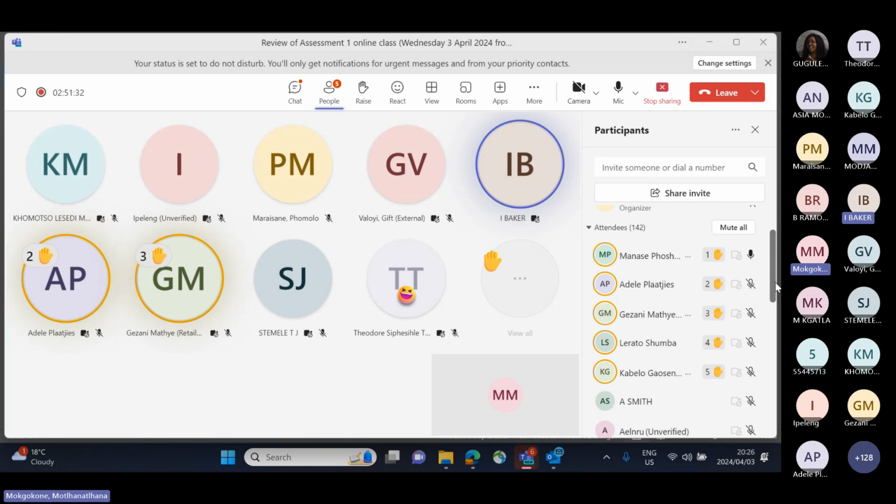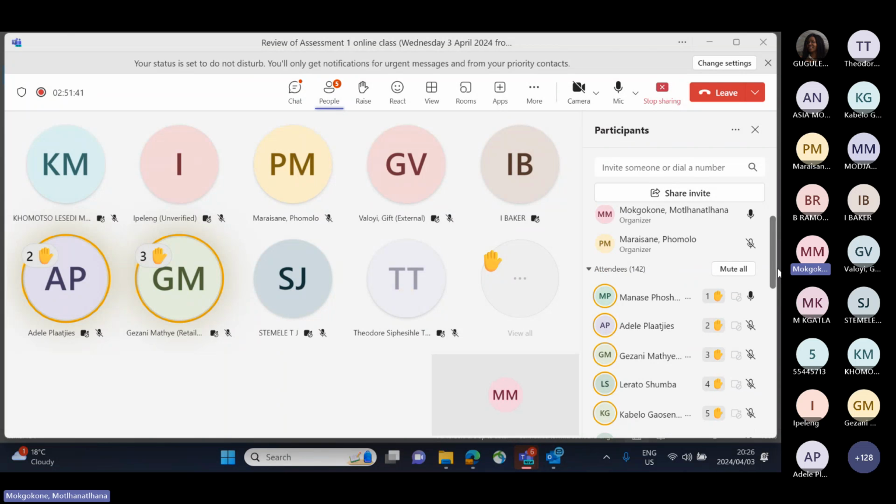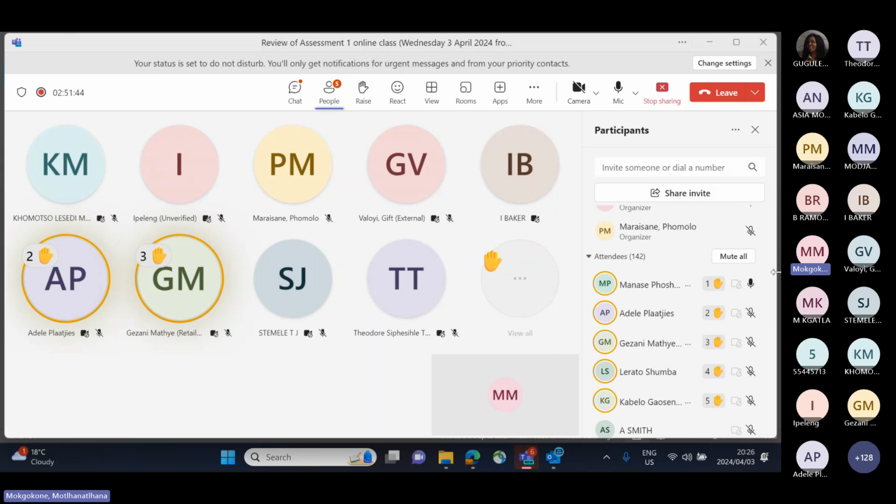I don't know if I'm making sense, but yeah, you're making sense. What we'll do is try to reduce our questions, because they are saying the assessment must not be more than 2 hours. For our assessment 2, the total marks is 82.